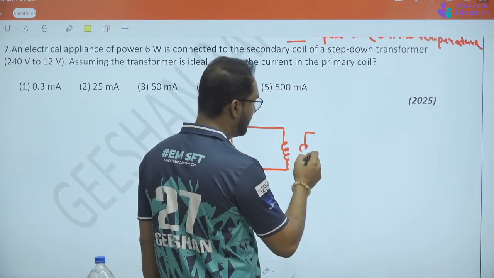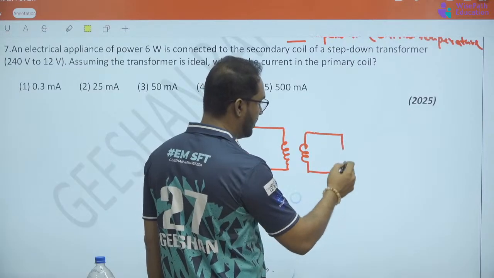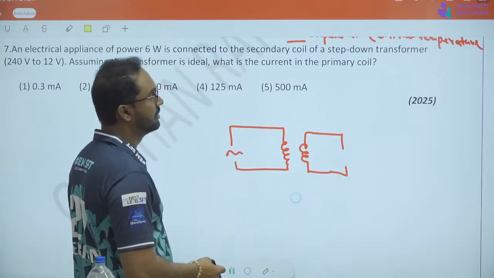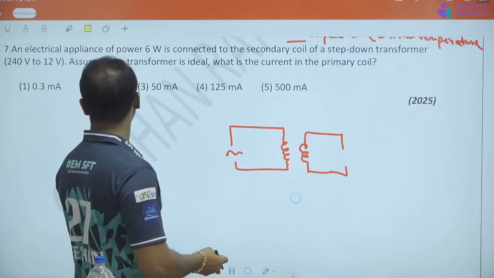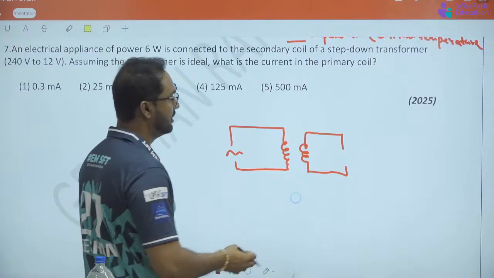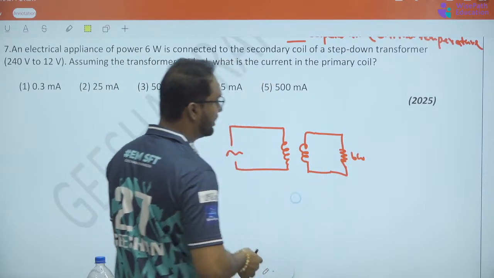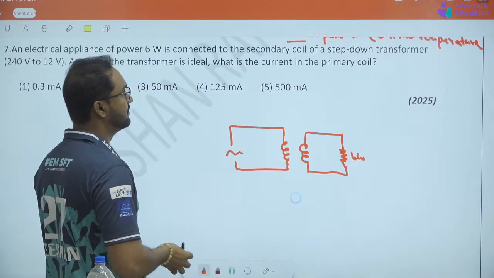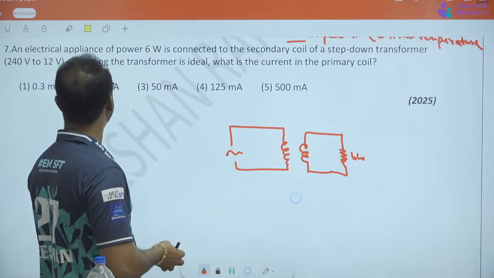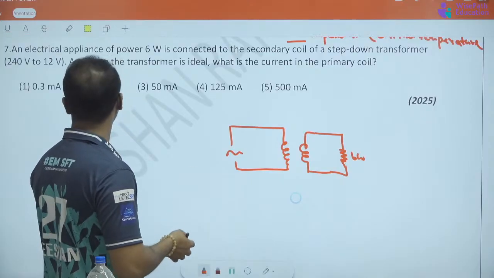In the secondary one, the number of turns is less, right? And as per the question, an electric appliance of power 6 watts is connected to the secondary coil. This is a step down transformer.